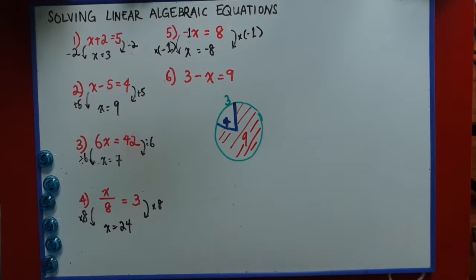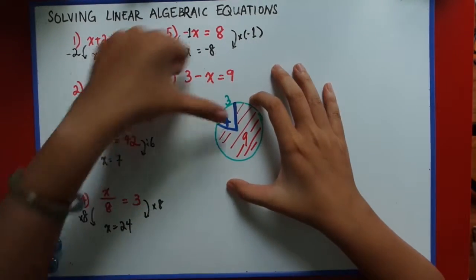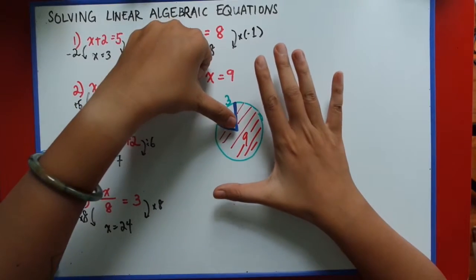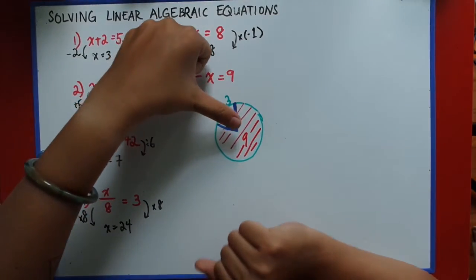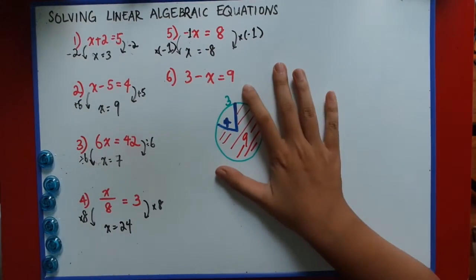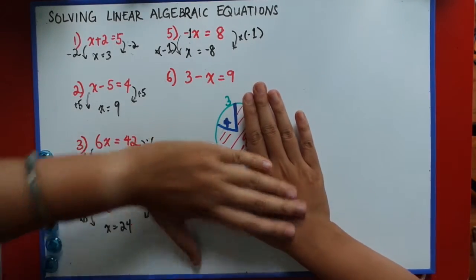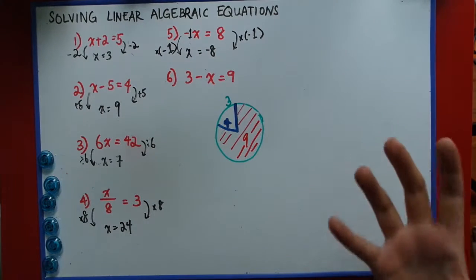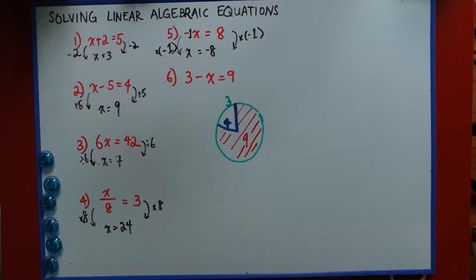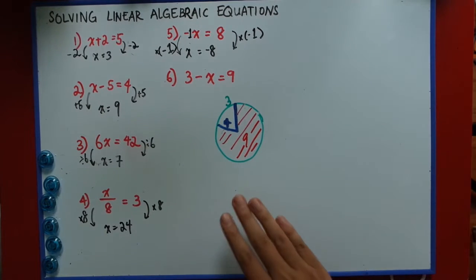So what I'm trying to say is this: 3, I minus x, I get 9, correct? But I can do it differently. I can do 3, if I minus 9, I will get x, correct? Am I right? So x and 9 are the parts of 3. This is a little bit advanced, okay? If you don't get this, that's fine.